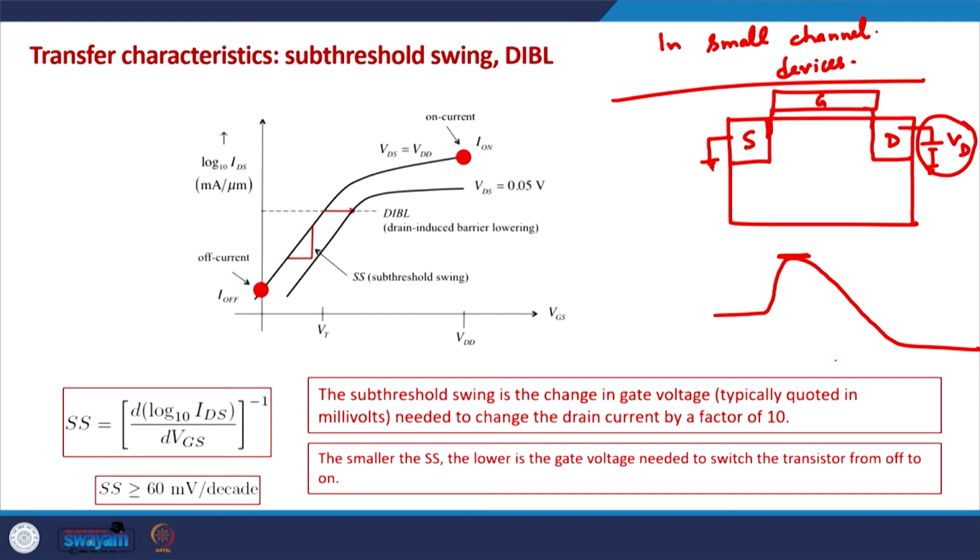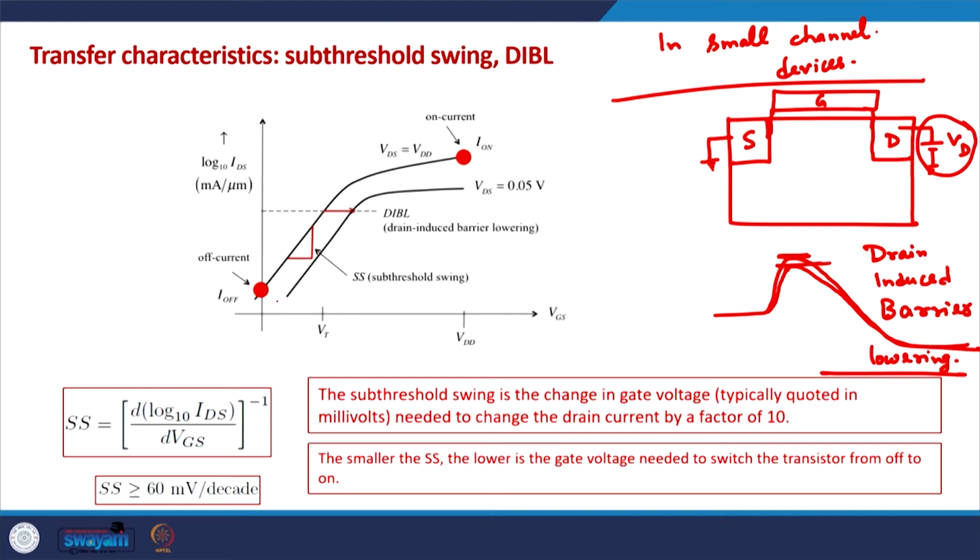But nowadays in short channel devices, because of the drain voltage, even this barrier is changed, this is no longer shielded, and this is how it looks in short channel devices. This phenomenon is known as drain induced barrier lowering, DIBL. This we have already discussed, and this is a typical small channel effect.